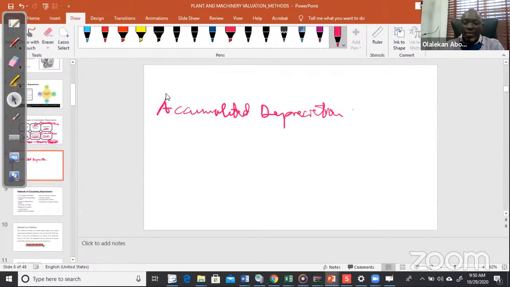It's the same thing, congruous to total depreciation. It's equal to total depreciation.